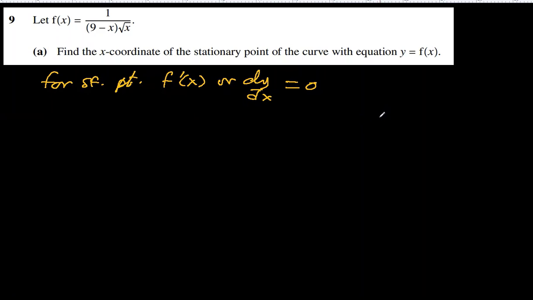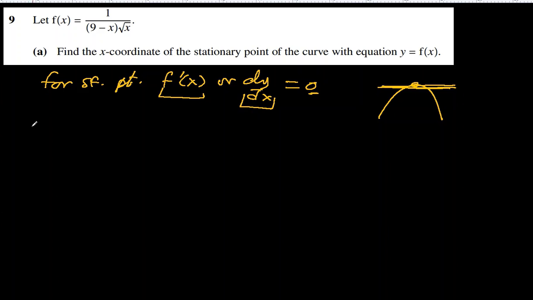Why? Because at stationary point the curve turns back and the tangent on that turning point is a horizontal line, and the gradient of tangent is 0, and dy over dx or f prime x actually represents the gradient of the tangent. That's why we make it equal to 0.